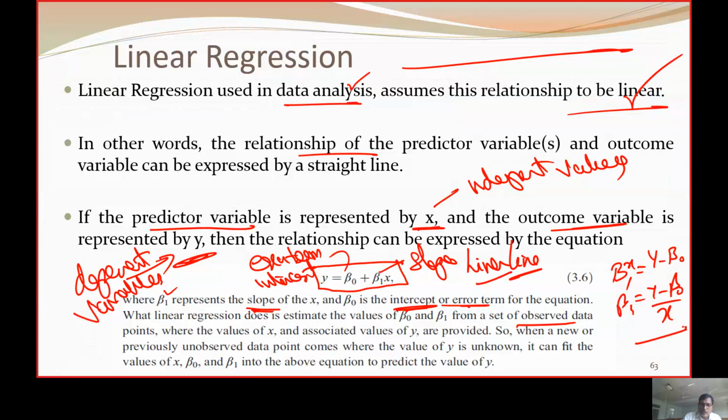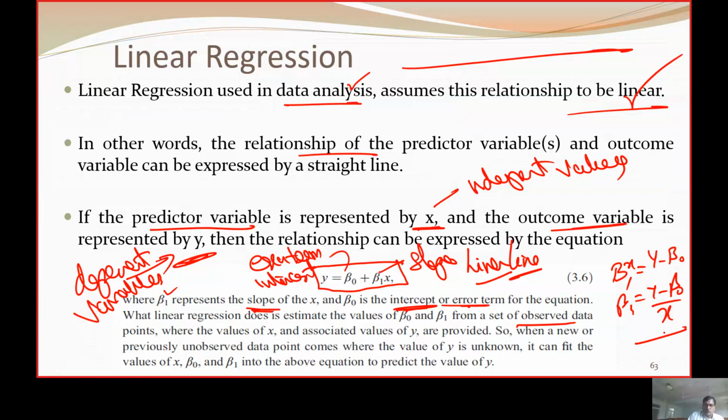So we get 0.94 into 22.80, which is the standard deviation of the score, and then divided by 3.10, which is also a standard deviation, that of attitude. So we get beta 1 as 6.91.